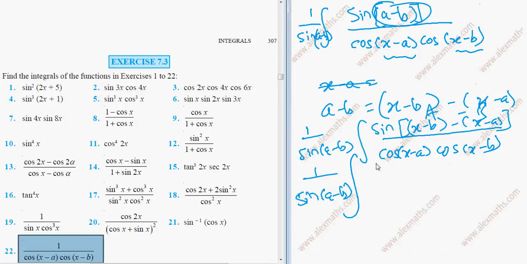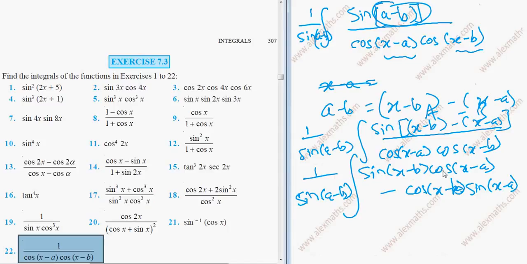If I expand the numerator, it is sine a cos b minus cos a sin b. This is x minus b, x minus a. So sin a cos b minus cos a sin b whole divided by cos of x minus a into cos of x minus b. Then after that I have to divide individually.